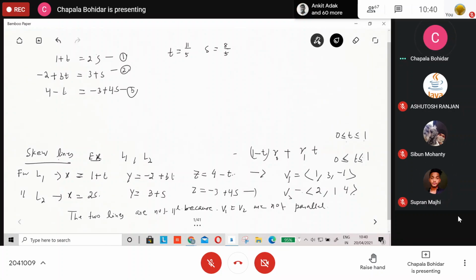Okay, so by substituting that value here, 4 minus 11 by 5 is equal to minus 3 plus 4 into 8 by 5. Are both the same? Is the left hand side equal to the right hand side?